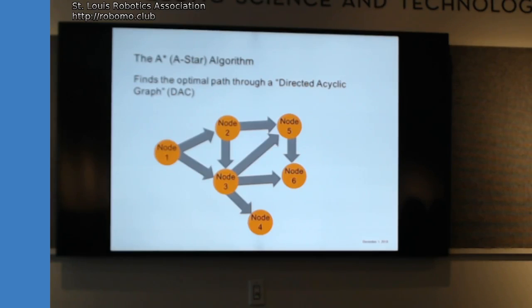You can't get into infinite loops. And so that's the kind of model that an A star algorithm can solve. It doesn't have to be a dense grid. It could be nodes between cities, and the traveling salesman problem is essentially a form of A star algorithm.